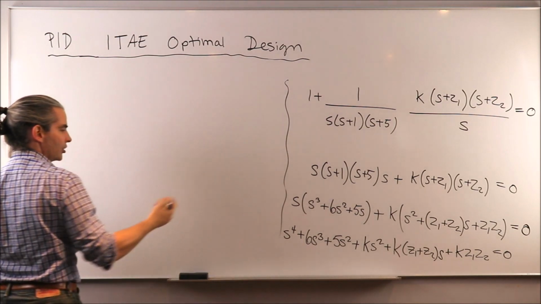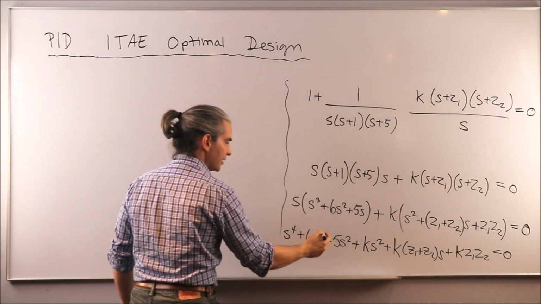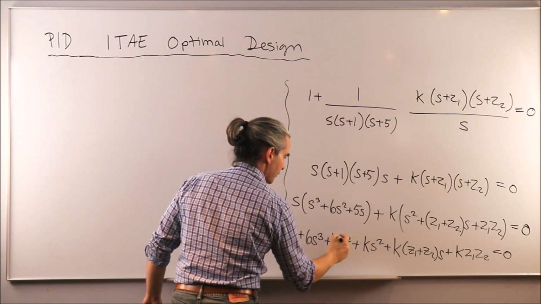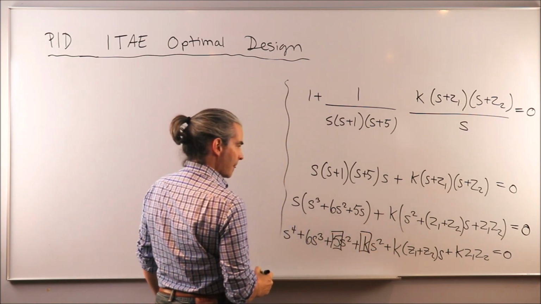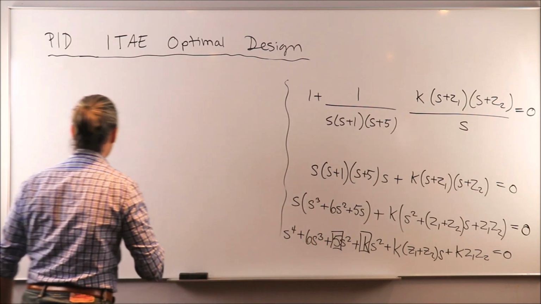Okay, so now I'm just going to group together the coefficients that I have here in front of the s squared term, like this, and the rest is already organized properly.